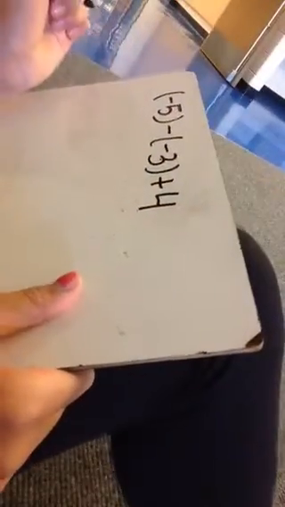Okay, that's really easy. So basically, how to explain this? For each one, you would write 5 negatives, so put a negative sign in parentheses 5 times.